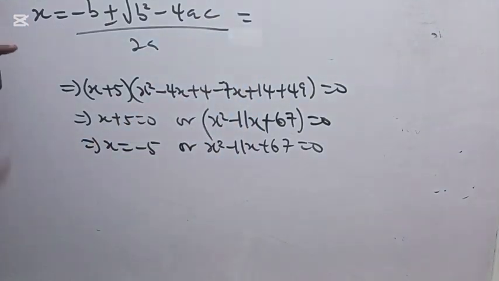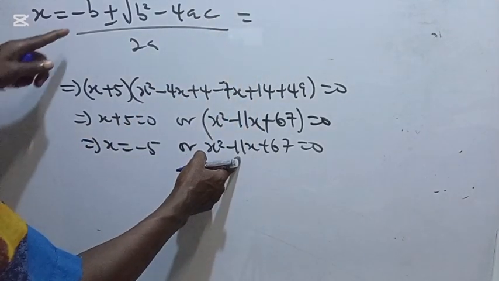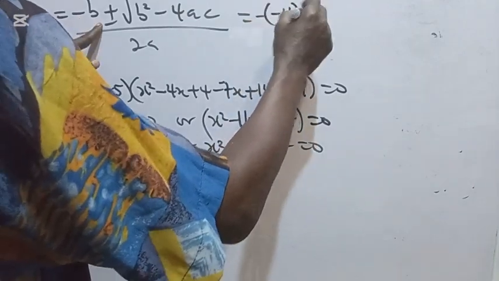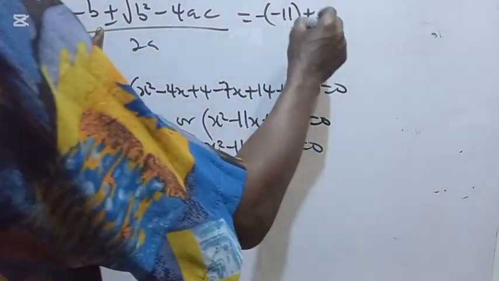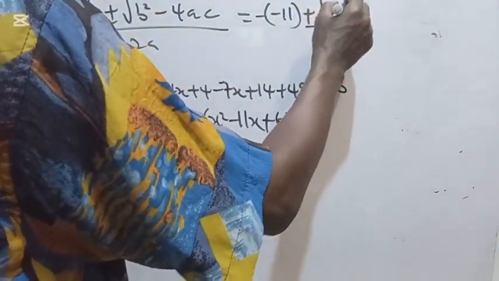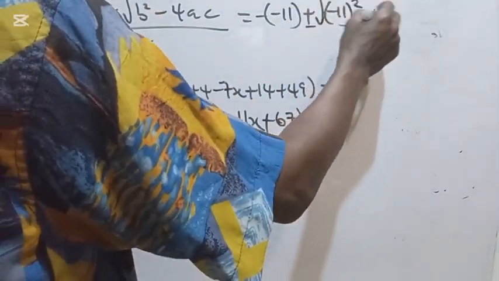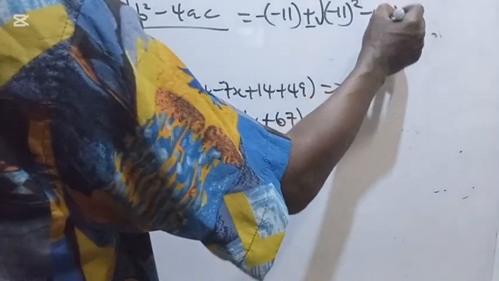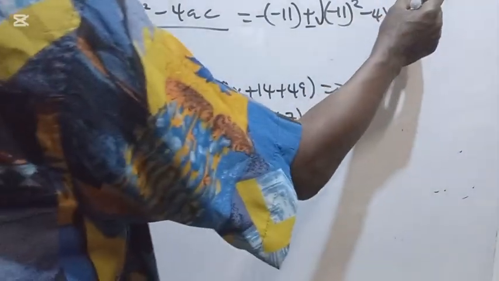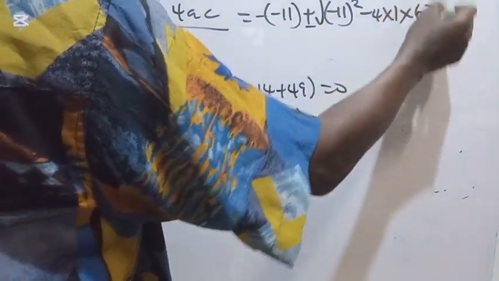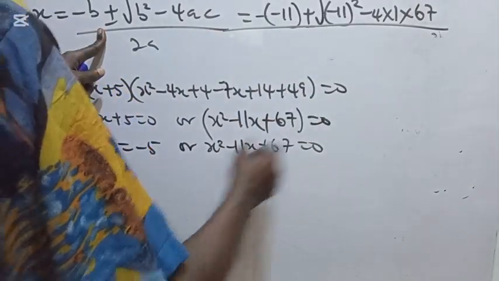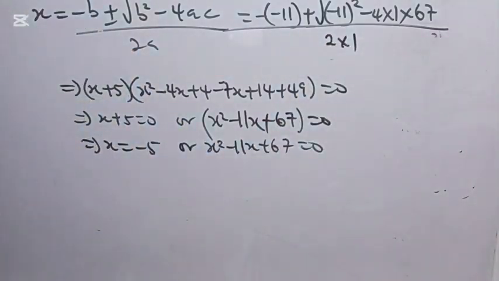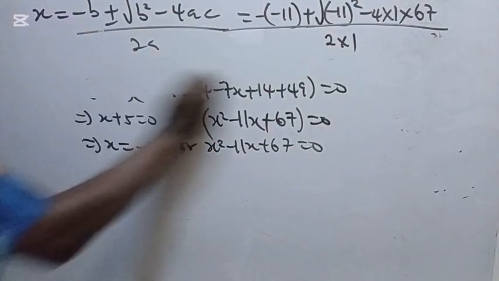So our b here is minus 11. That's minus of minus 11, plus or minus square root of minus 11 squared minus 4 times a, which is 1, the coefficient of x squared is 1, and our c is 67, everything all over 2a, 2 times 1.